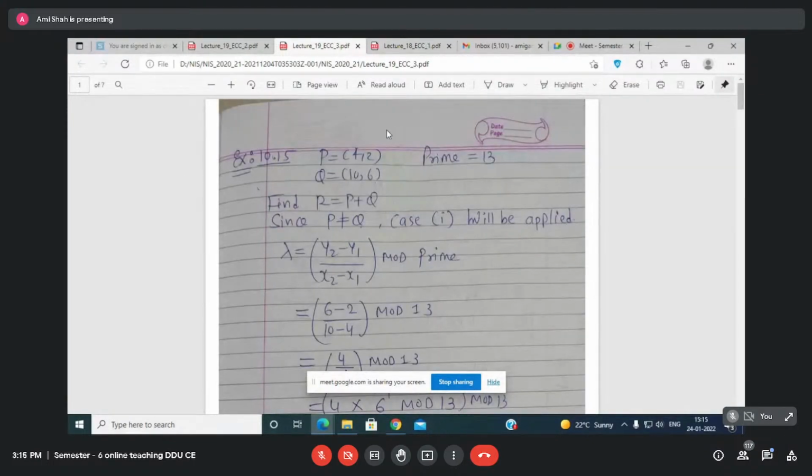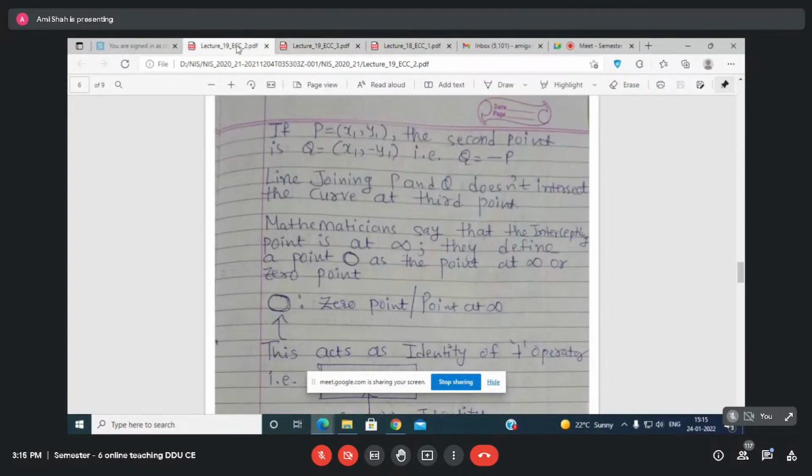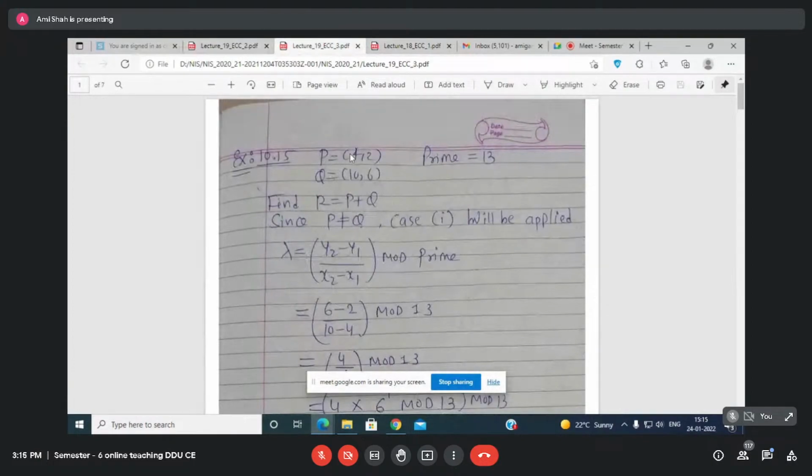This type of question is asked in the exam. One point is given, P equals (4, 2). Assume these are x1, y1 and these are x2, y2. The two points on the curve are given, and the prime value p is 13.